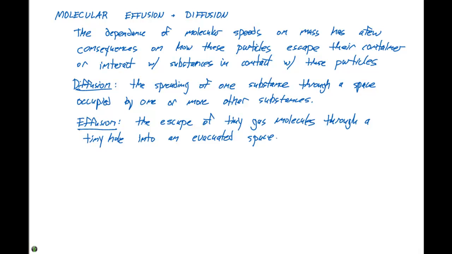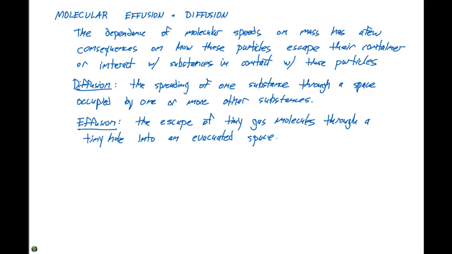And think of the helium molecules inside of a balloon. The balloon has tiny little holes, and after a period of time, all those gas molecules are going to go through the pinhole of a balloon. So we have the definitions of these, and so how can we work these together with the root mean square speed?